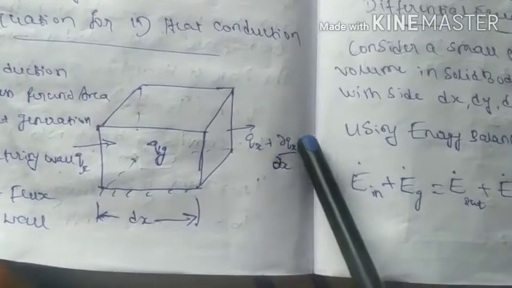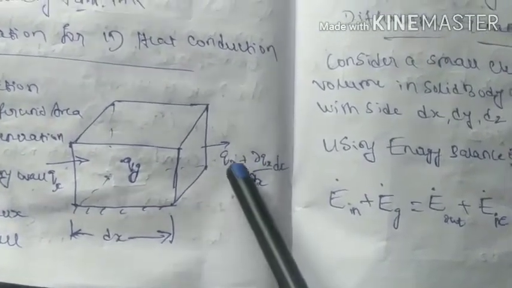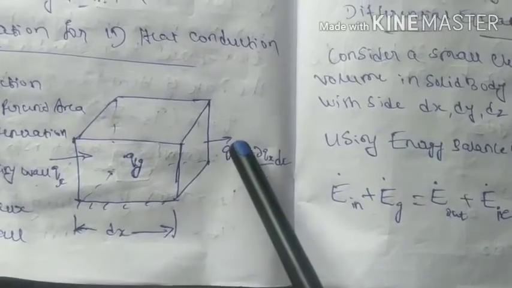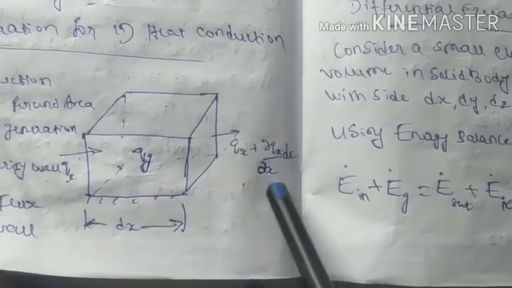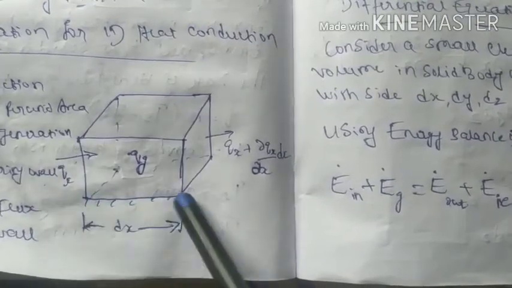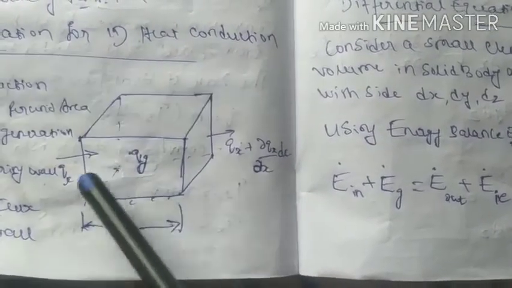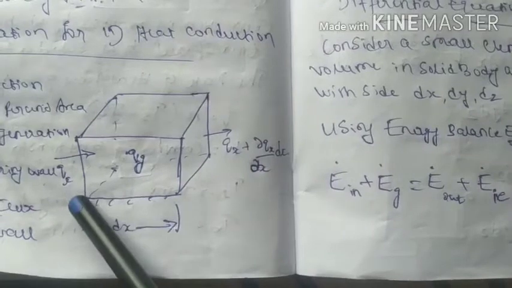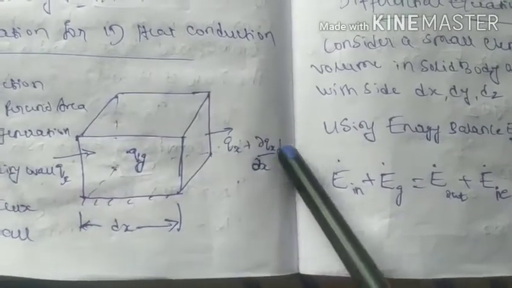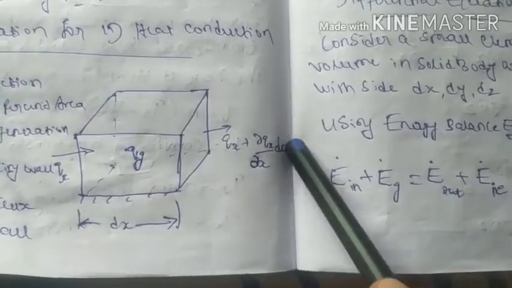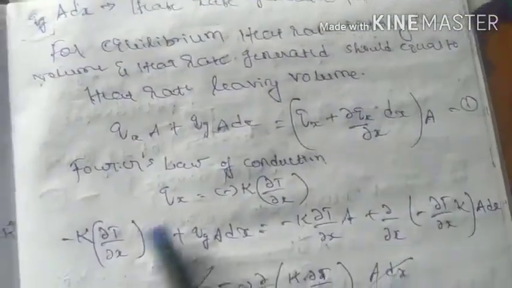There is a change in heat flux along the dx direction, along this length when the heat is passing through. So when passing from this end to this end, this gradient is going to occur. That is called dou Qx by dou x into dx.